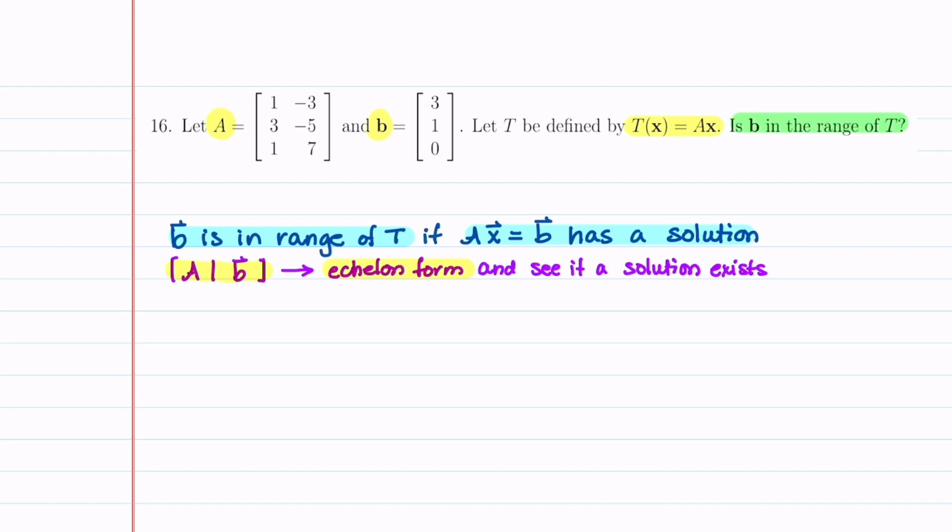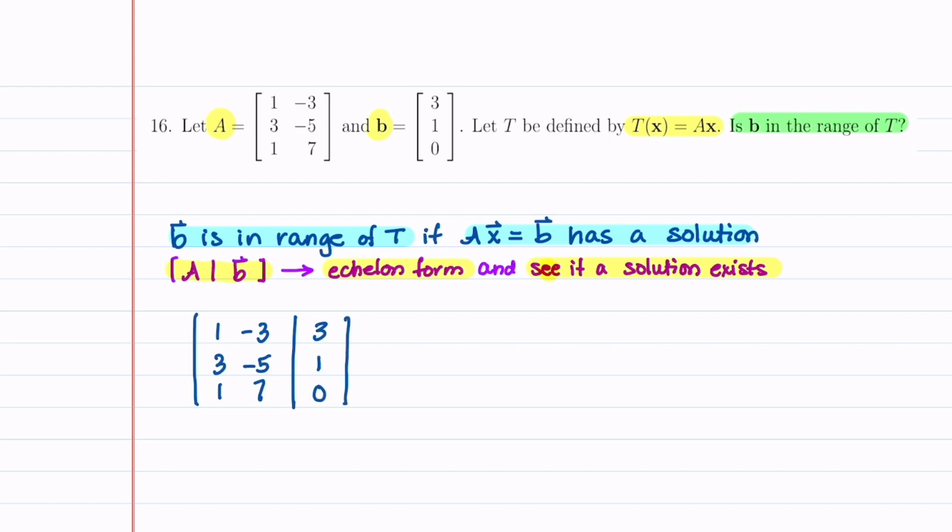Once we have our augmented matrix in echelon form, we're just going to be able to see if a solution exists. So we're going to start by creating our augmented matrix. Our A is 1, 3, 1, minus 3, minus 5, 7. And we're going to augment that with 3, 1, 0.